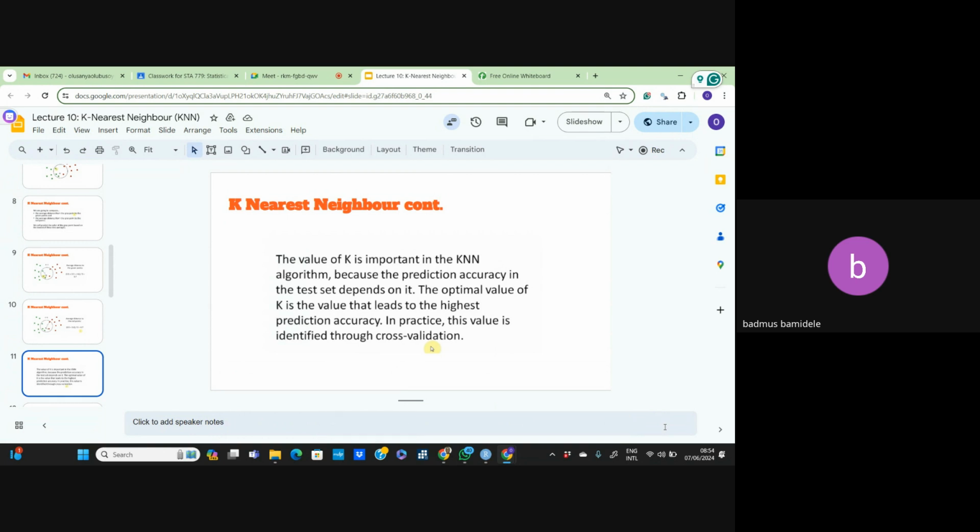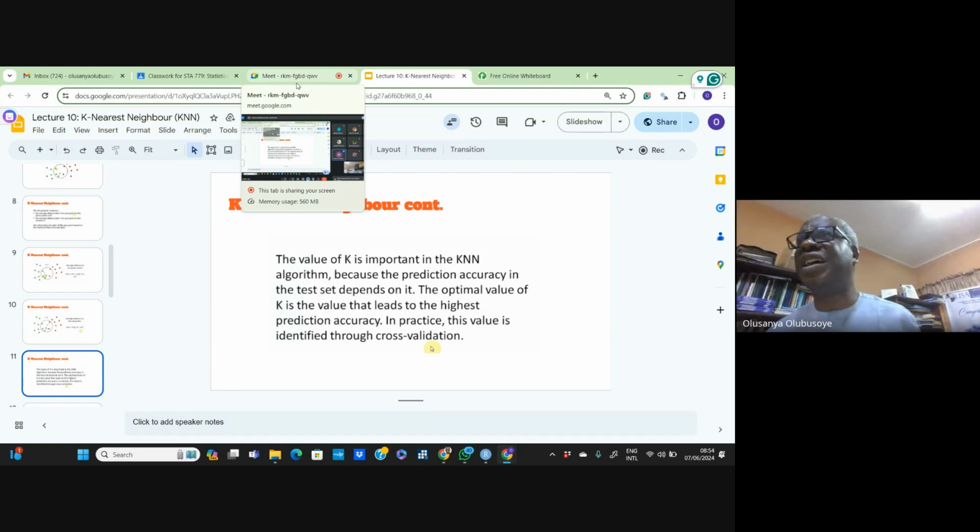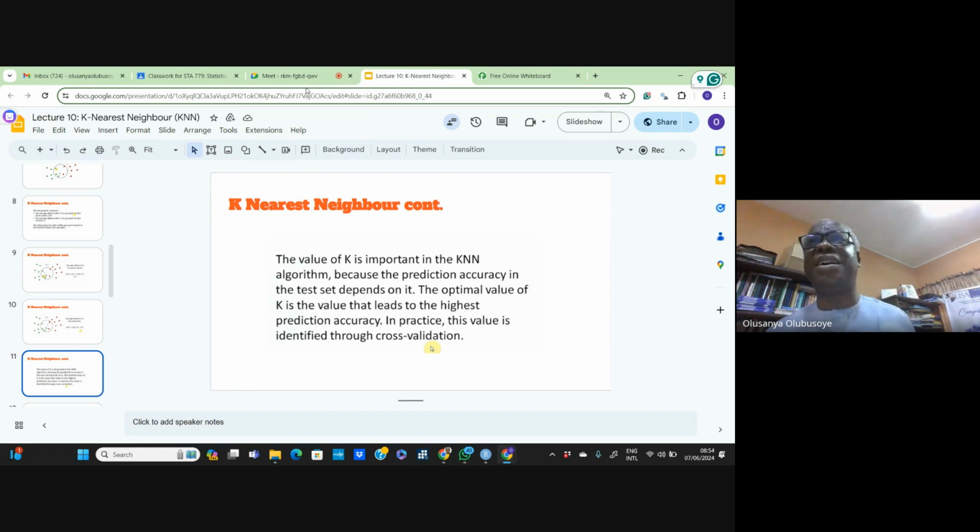So my question is, what Mr. Femi used is a form of visual expression without any computation, and what you did was computation that also validates that. Is it possible for us to use visual expression to choose our nearest neighbor? That's the first question, sir. Let me quickly answer that.